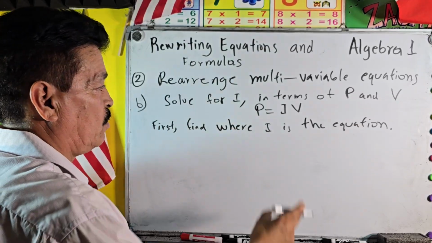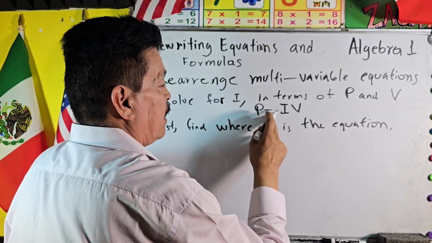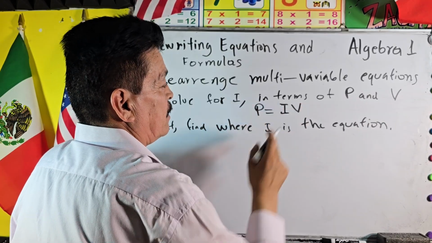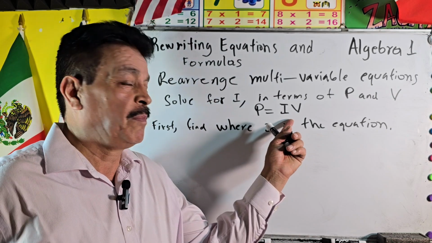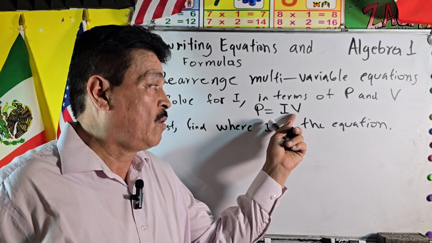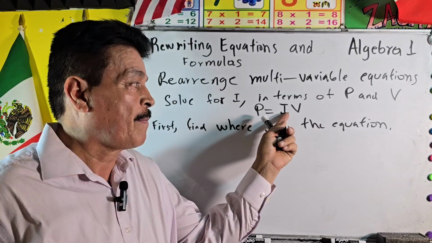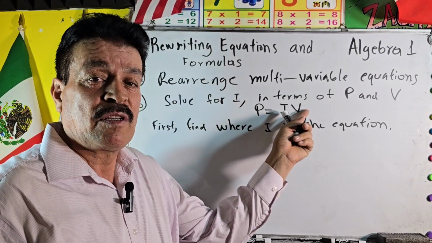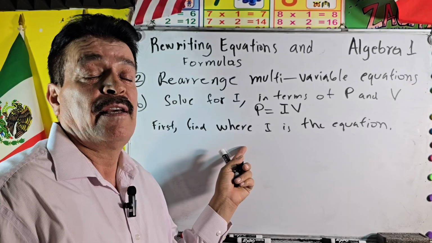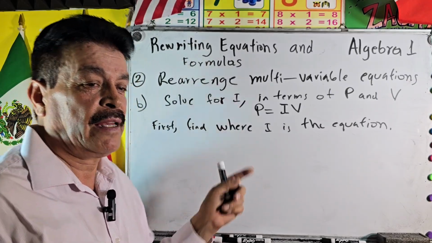Okay, so we need to see where I is in the equation. The equation is P equals I times B. So this is a multiplication, right? So we need to leave alone the variable I, and then we have to move B to the other side. It is times, so when you move it to the other side, you have to divide. You have to divide both sides.